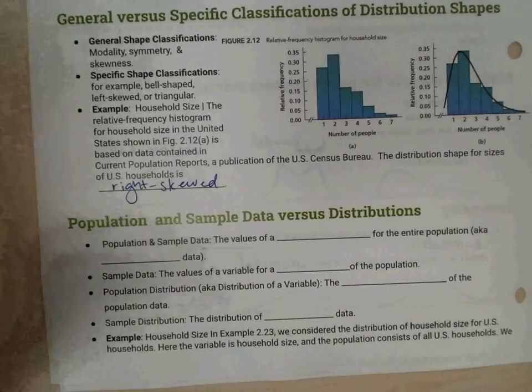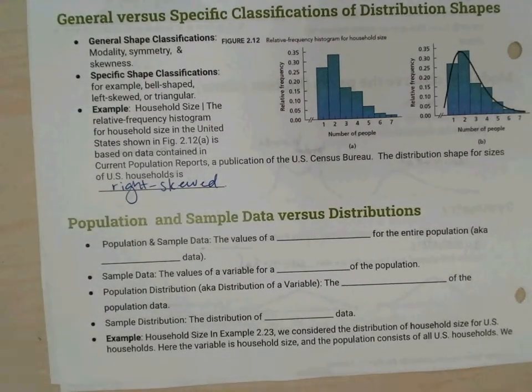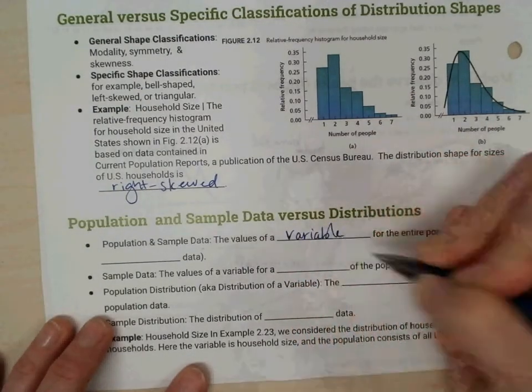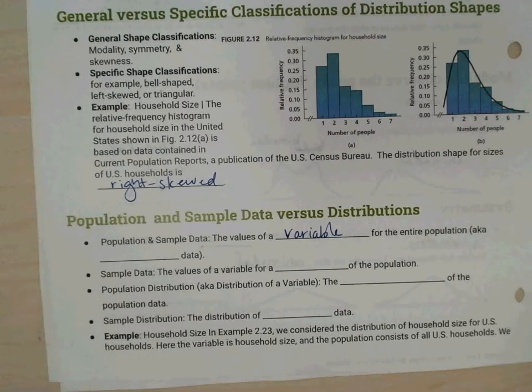So we'll talk about population and sample data. Those are the values of a variable for the entire population. What else do we call it when we have the values of the variable for the entire population? What else is that called?